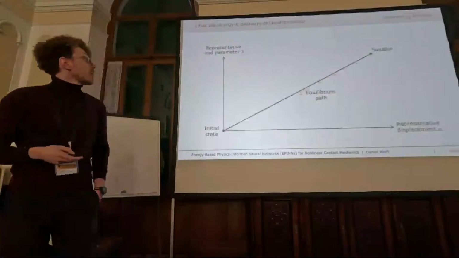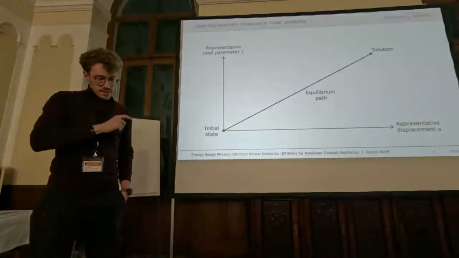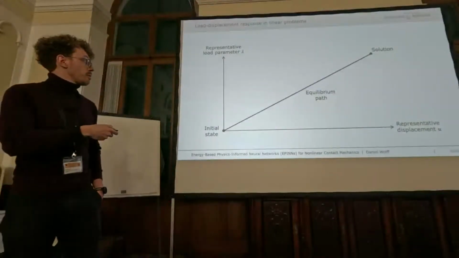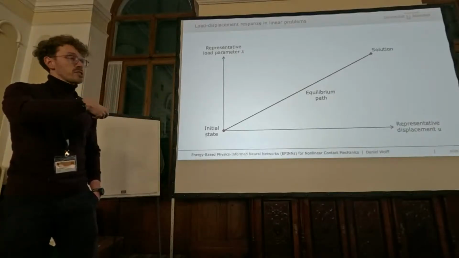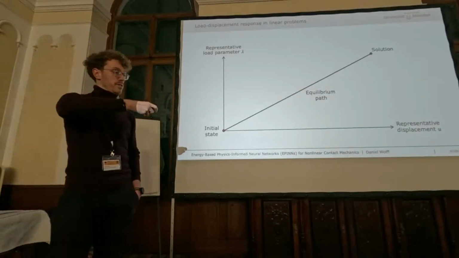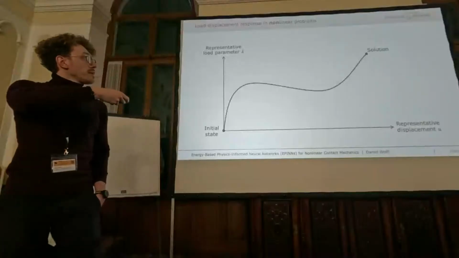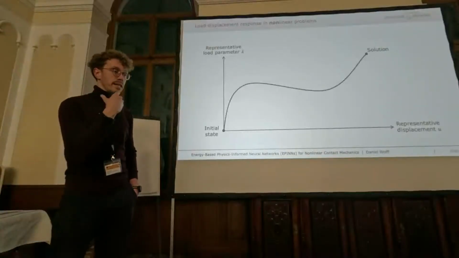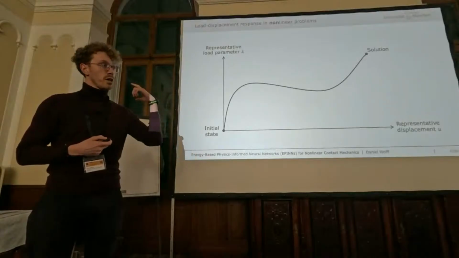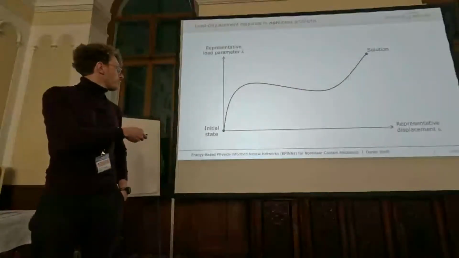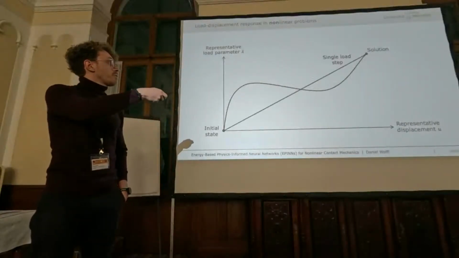That's the general idea. Now, I said in my talk, okay, I want to talk about nonlinear problems. So in linear problems, going from an initial state to a solution is fairly easy because our equilibrium path is just a straight line. Now, in nonlinear problems, it gets a little bit more complicated. And if you would just apply energy-based physics-informed neural networks the way I just introduced it, they would try to solve this in a single step.